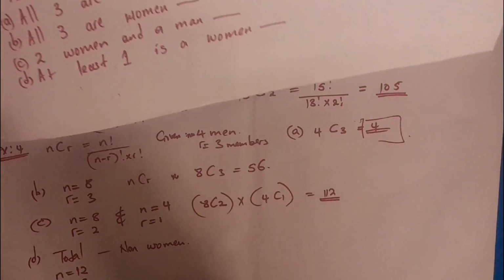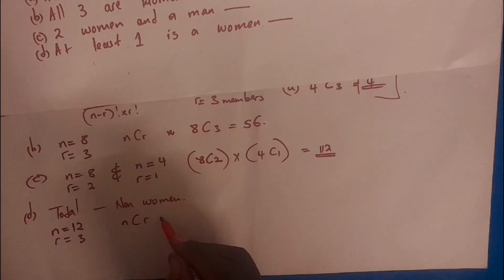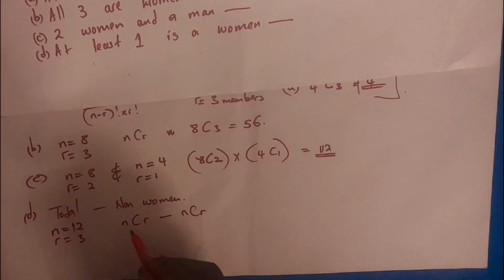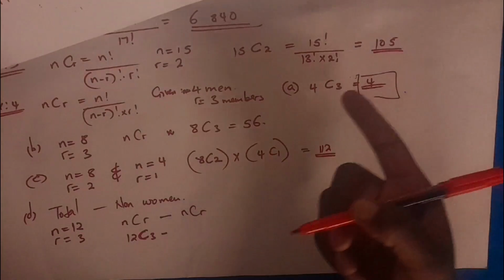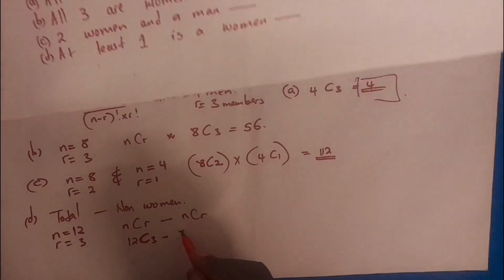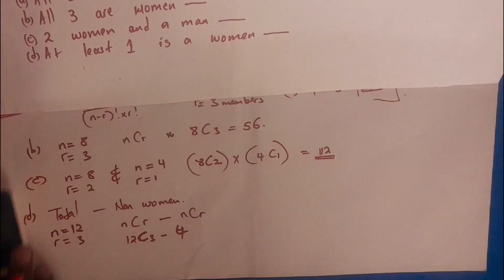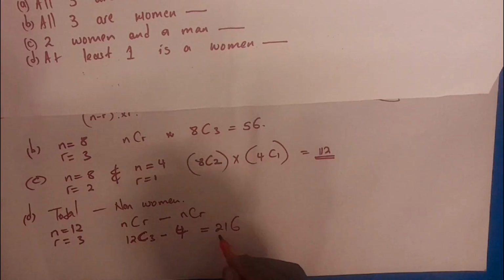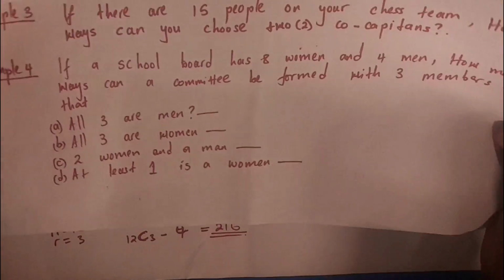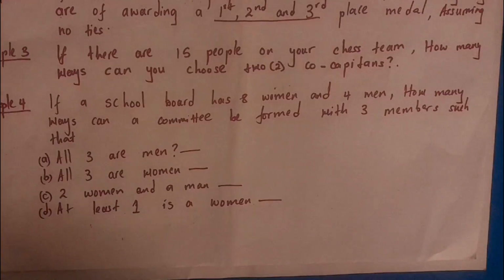So what it means is that we are going to say 12 choose 3, minus 4 choose 3, whose answer is already 4, because we said this on A. So on the calculator, our answer is going to be 216. So this is how we solve this thing of combinations and permutations.